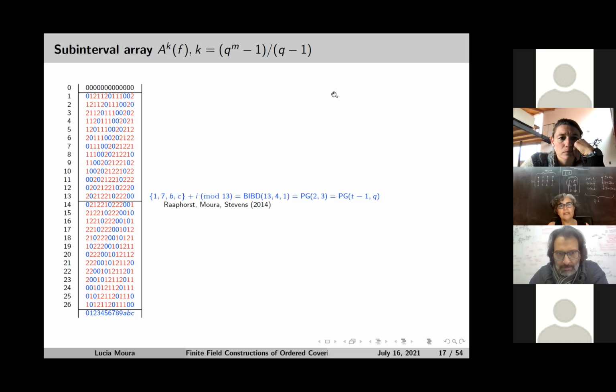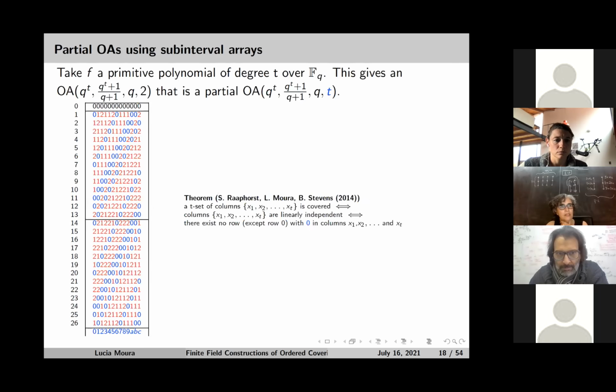And this would be in one-to-one correspondence to that. And more generally, I would be looking at subspaces of dimension t minus 1 of PG(t minus 1, q), over F_q. These patterns of zeros will be important because they will determine when coverage of t-tuples does not occur. This is a result with another student from a few years back.